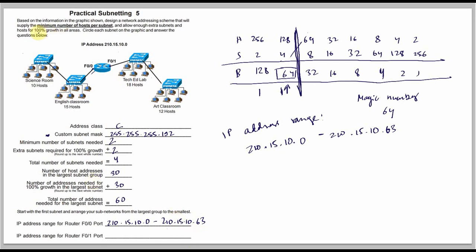Considering the fact that we will be working for 100% extra growth, that would be our range. We could use anything from 0 to 63 as an IP address for these guys right here.